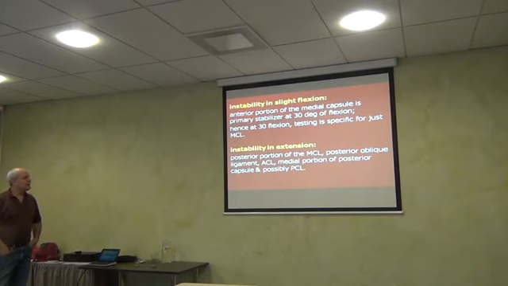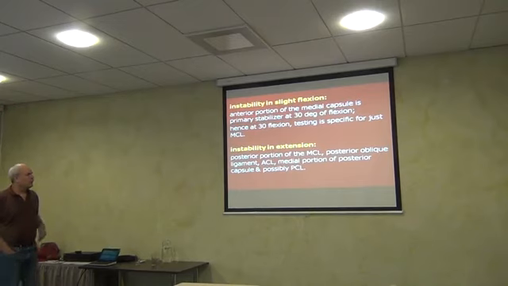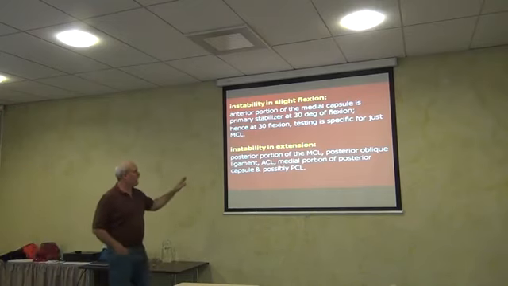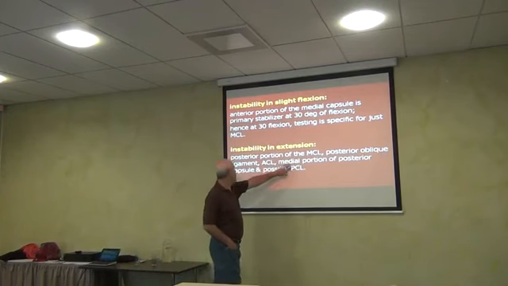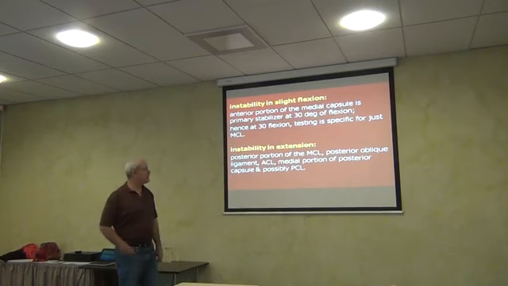If the instability is in extension, the posterior portion of the medial collateral ligament could be the problem too. But you need to have this dysfunction with the posterior oblique ligament, ACL, and medial portion of the capsule or PCL.